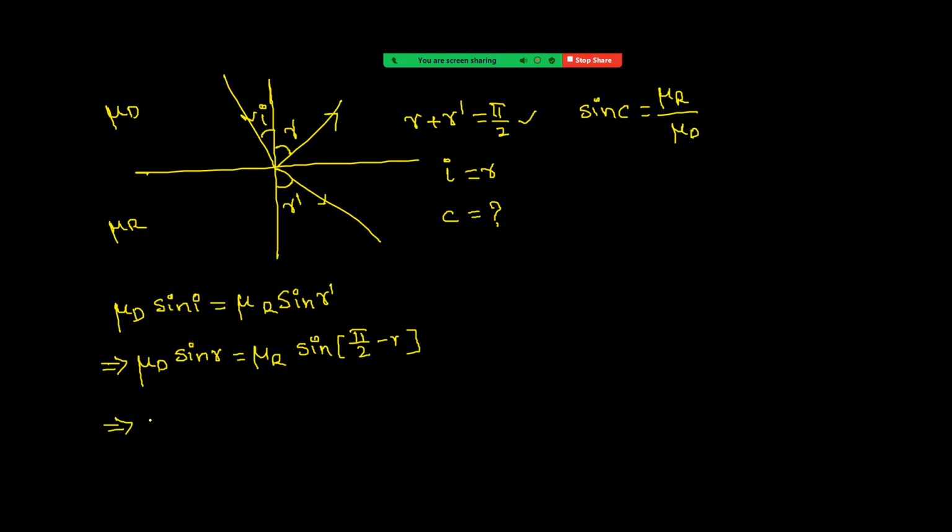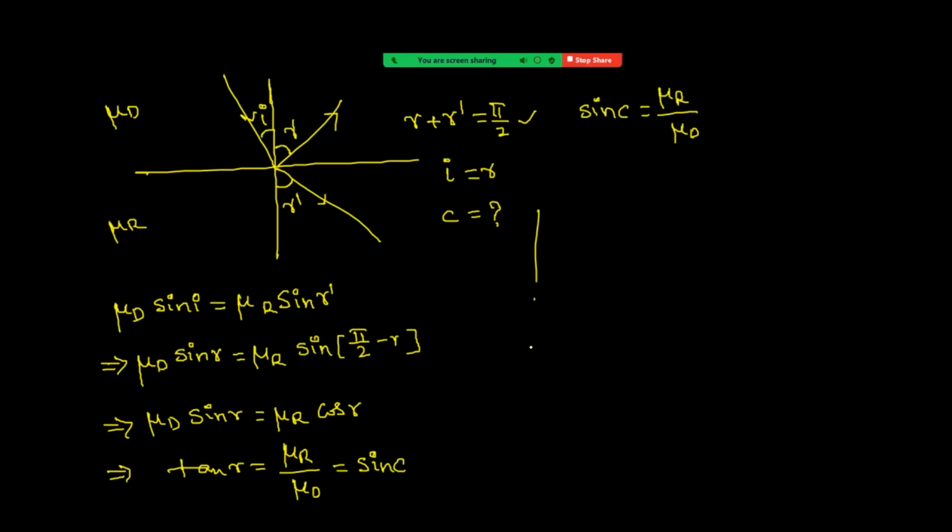So from this, see what we get. Mu denser sine r is equal to mu rarer cos r. From this, sin r by cos r, tan r. Tan r equal to mu rarer by mu denser. And this is nothing but sin c, right? Nothing but sin c. That means what is c value?